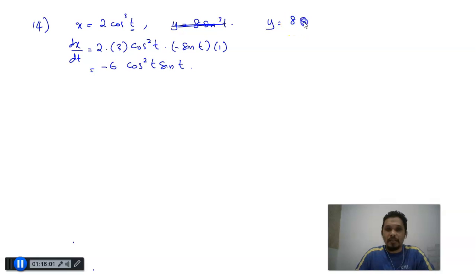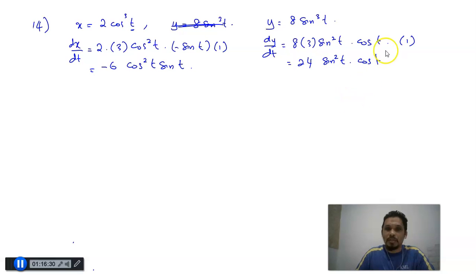For y equals 8 sine cubed t, dy/dt equals 8, differentiate the power of 3 to get 3 sine squared t, differentiating sine gives cos t, and differentiating t gives 1. So 24 sine squared t cos t.